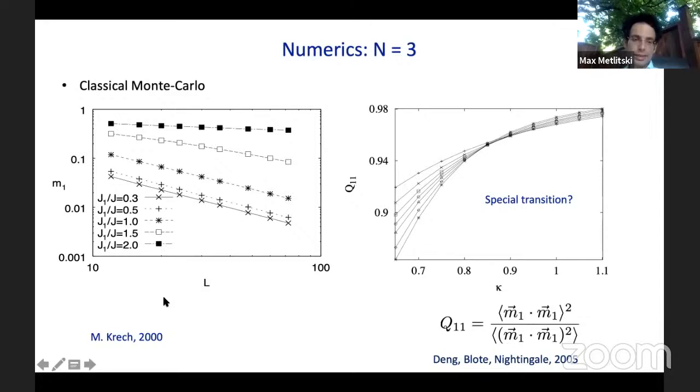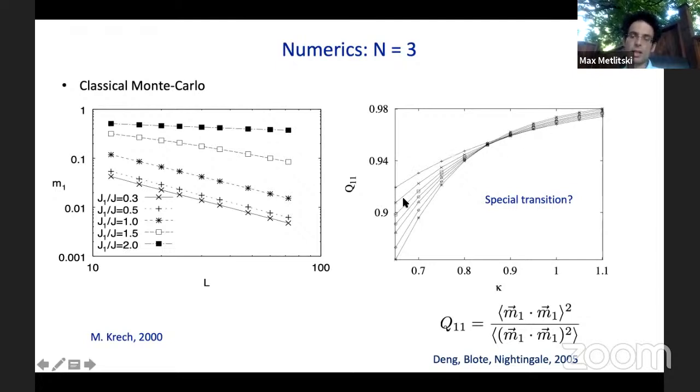The slightly subsequent study by these authors claimed or pointed out the possibility that for n equal to 3, there is a special transition on the boundary. And the way they saw this, they looked at the boundary analog of the Binder ratio, and they saw that there is a crossing as a function of kappa of curves with different system sizes.